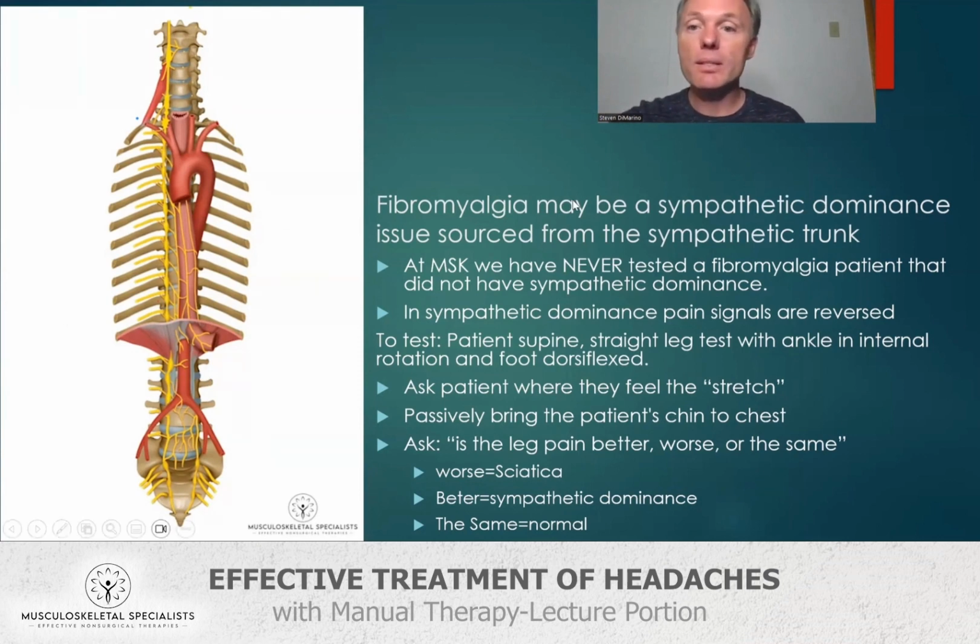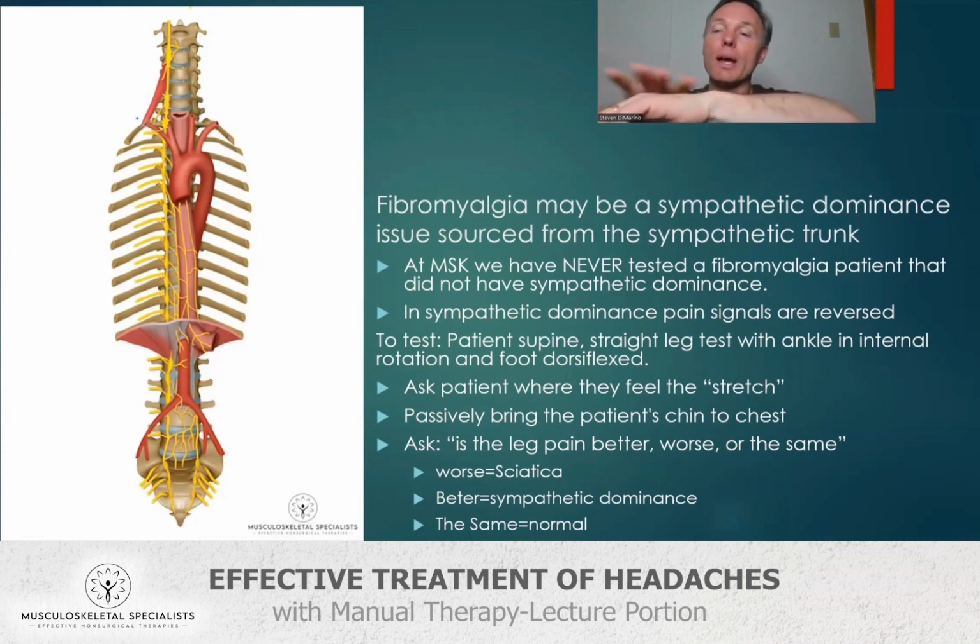I have never tested a fibromyalgia patient for sympathetic dominance that wasn't positive. What sympathetic dominance means is their pain signals are switched. If I have somebody with fibromyalgia and I just brush their arm like that, that could be extremely painful for them.